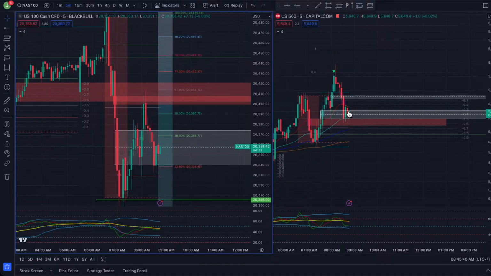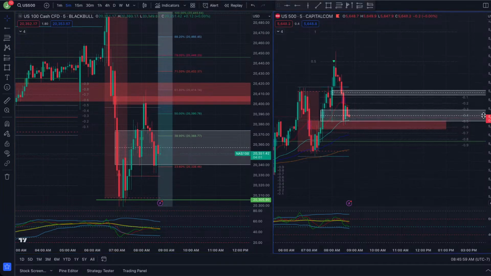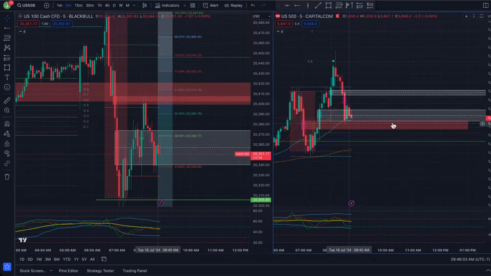We have 3 candles rejecting. US 500 making one last push. We're still bouncing off the 50 EMA.